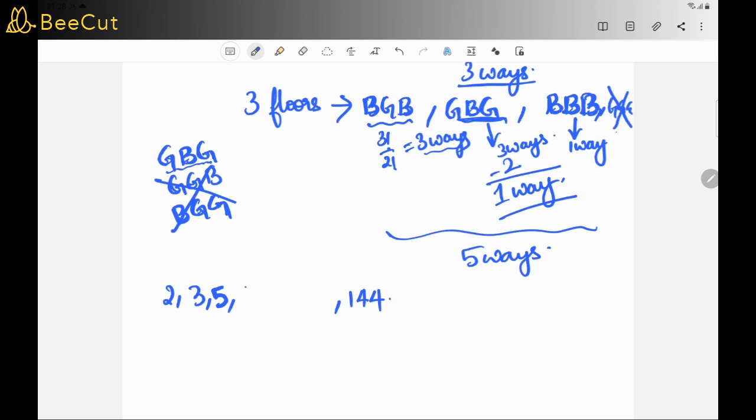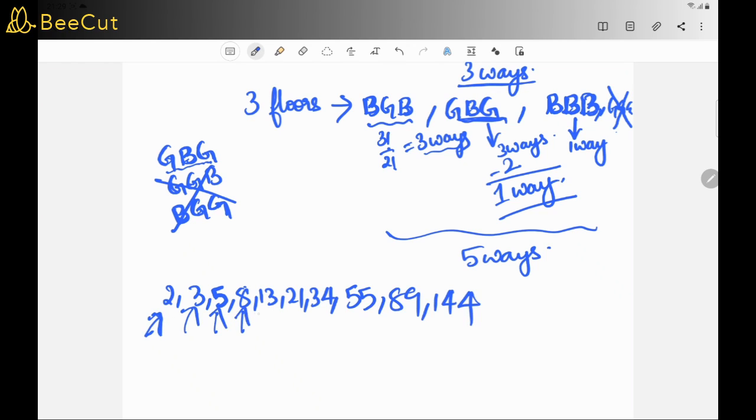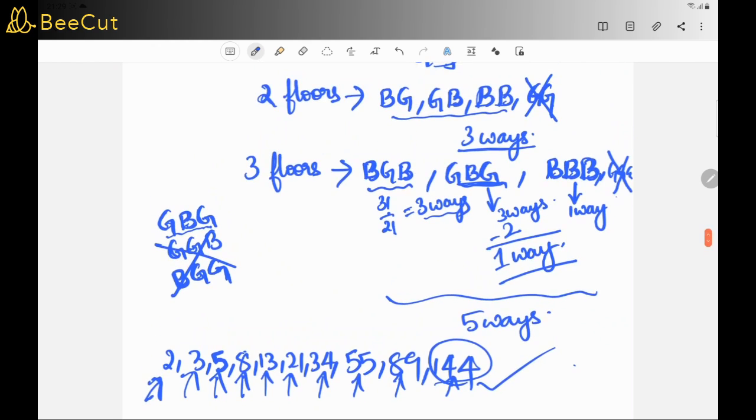Now let us check. 8 followed by 13 followed by 21 followed by 34 followed by 55 followed by 89 followed by 144. So had it had only 1 floor, 2 floors, 3 floors, 4 floors, 5 floors, 6 floors, 7 floors, 8 floors, 9 floors, 10 floors, this is the answer. So this is again an application of Fibonacci series.